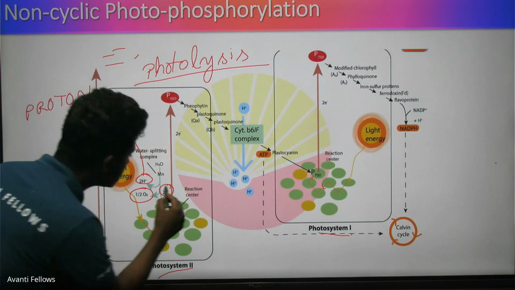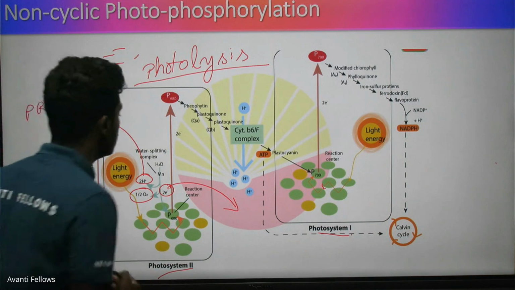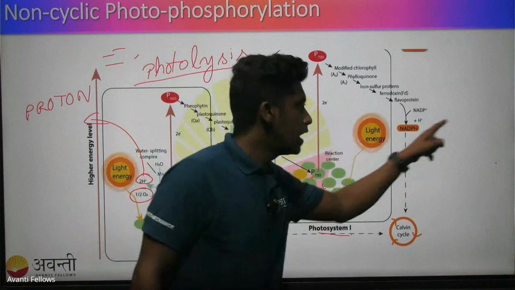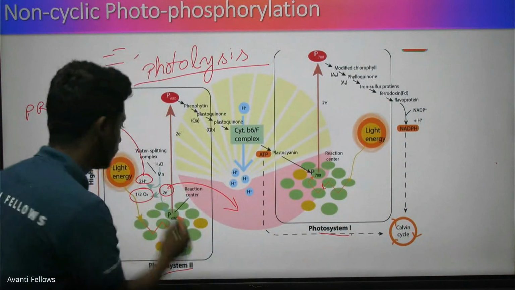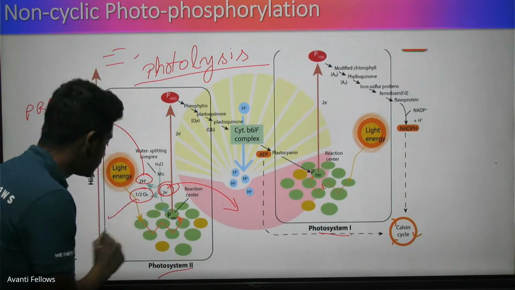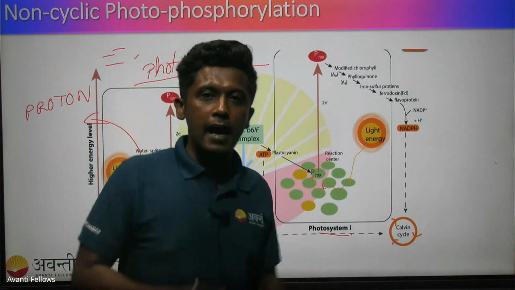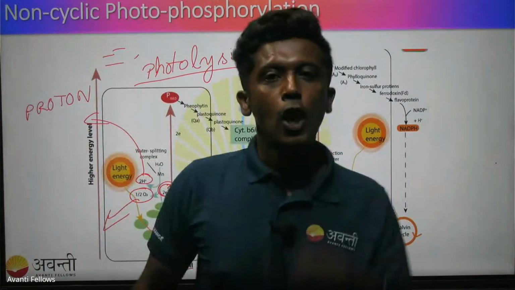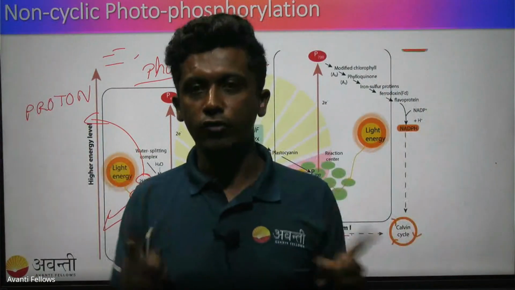The electrons released by the lysing of the water are used for the transport chain, where NADP+ is reduced as well as ATP is synthesized. And the oxygen that is released is not at all useful for the plant, so it just diffuses out of the cells and is released into the atmosphere.